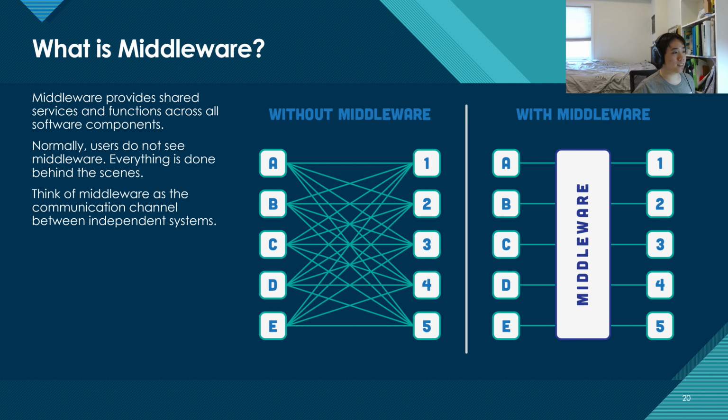Take a look at the diagram on the right. Without middleware, you're going to have to connect to every single resource or every single component, and this looks like a peer-to-peer network, don't you think?